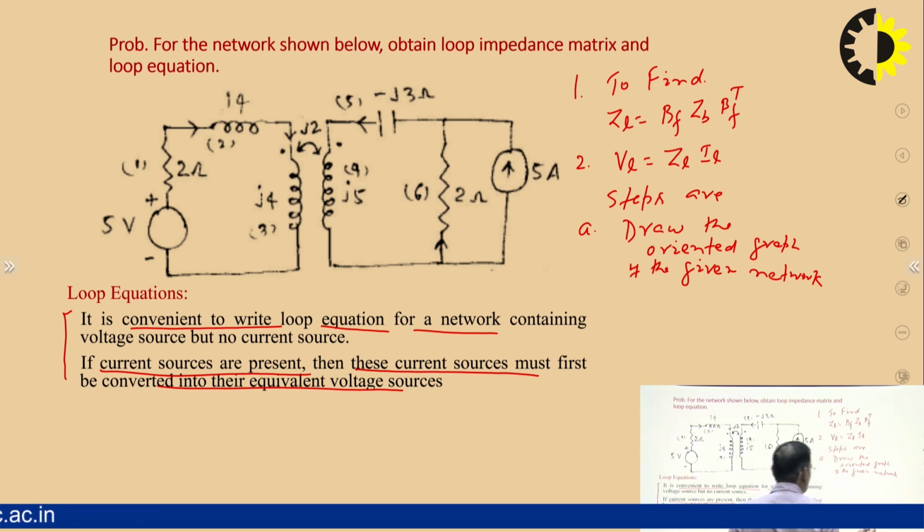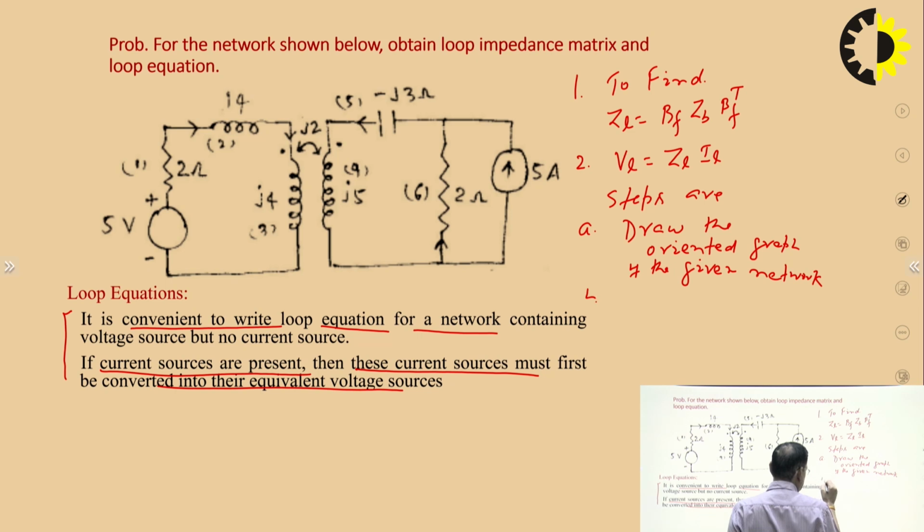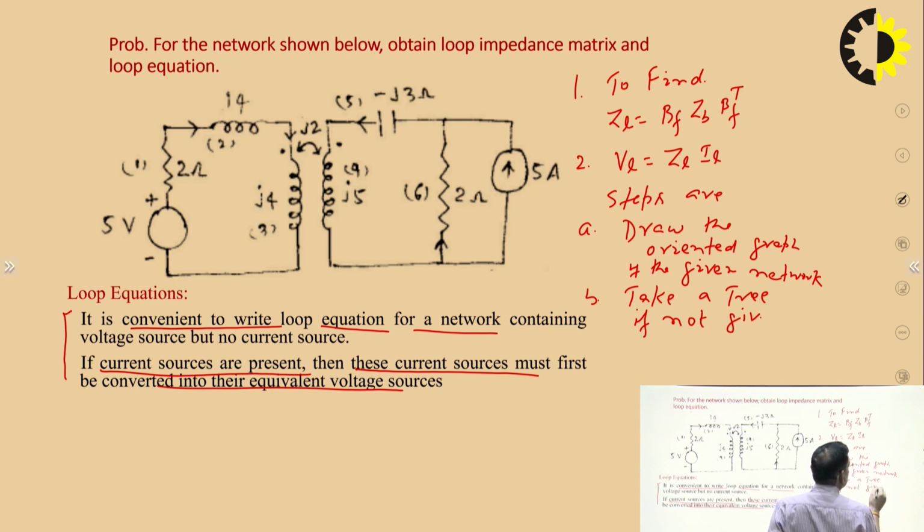Once you draw the oriented graph, the second step is to take a tree. We know what a tree is. In some examples, it is mentioned to take certain branches as tree branches. If it is not given, then select a tree.